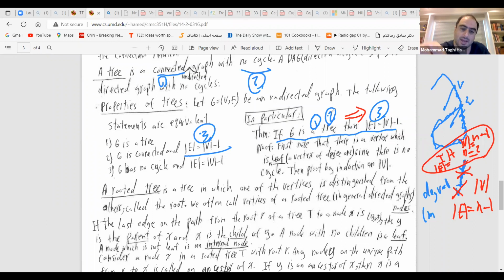I may give one more example, that if the graph is connected and has no cycle and the number of vertices is equal to the number of edges plus one. Actually, lots of them you can prove by induction.